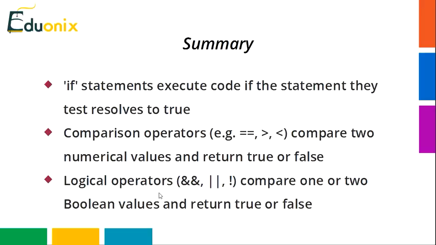And we can also use those with logical operators, the AND, the OR, and the NOT. And in the next lesson we'll be using functions and if statements, and in fact everything we've learned so far, to create an actual application.